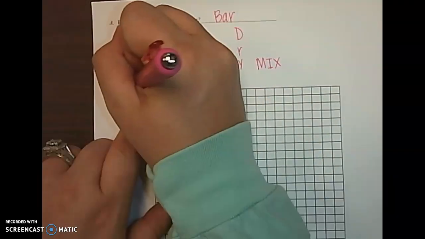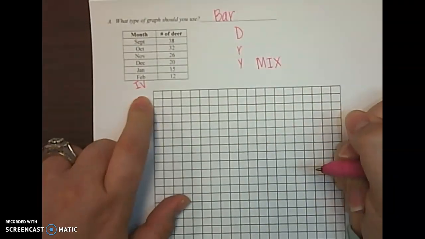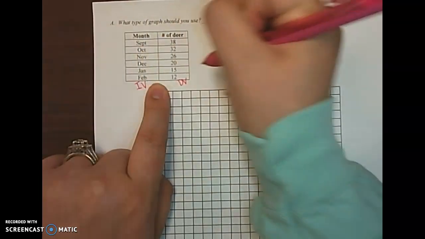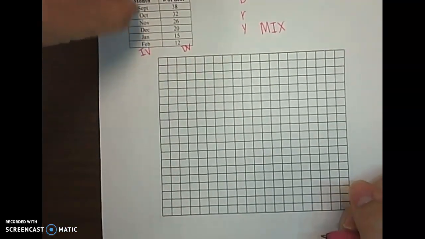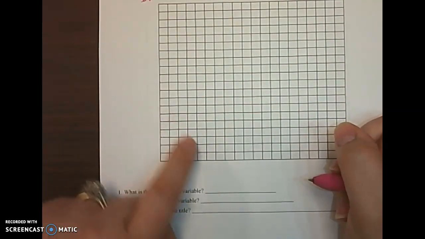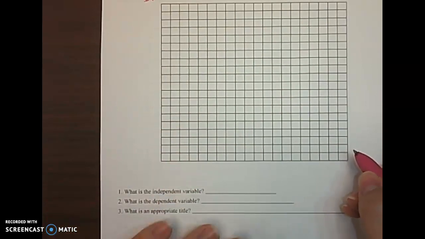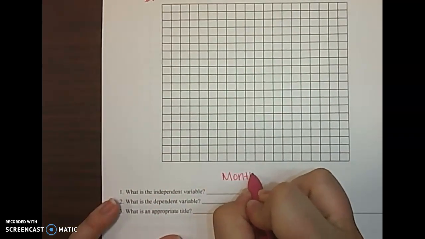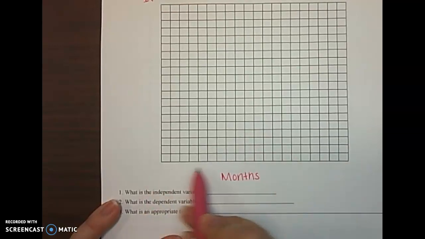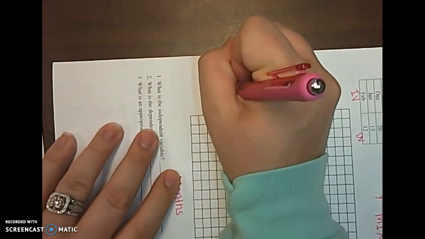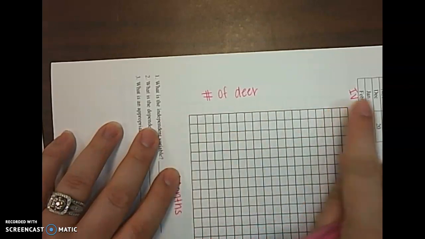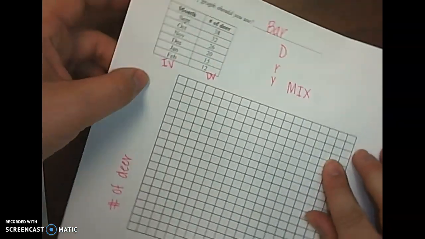So we know that our months is our independent variable, and the number of deer is our dependent variable. So now we're able to put those titles on both of our axes. The months are on our x-axis because it's the independent, and the number of deer is on our y-axis because it's our dependent variable.